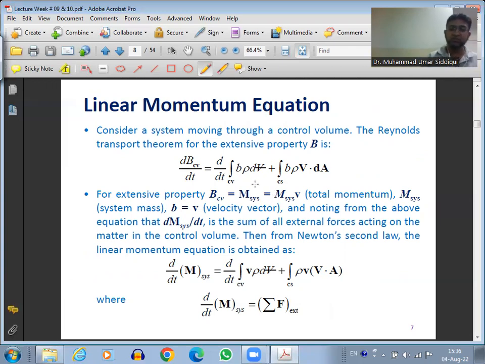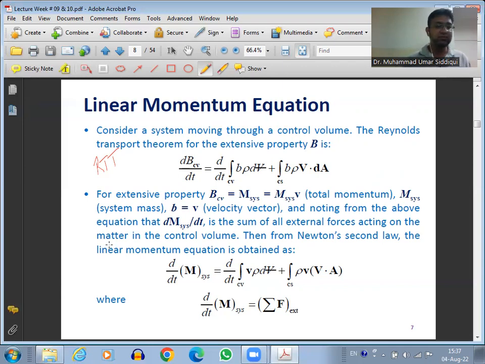Now, just to recall what we studied in the last class, this is the Reynolds transport theorem. The Reynolds transport theorem gives a connection, combining the Lagrangian approach with the Eulerian approach of fluid flow analysis.